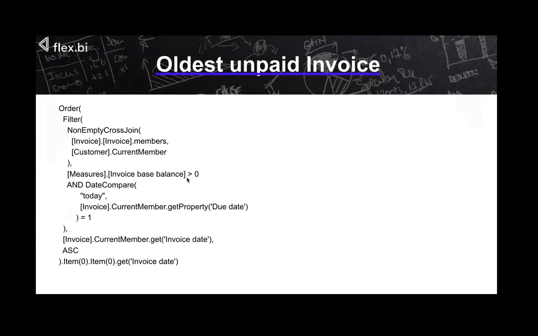And in this query, the customer also wanted an MDX that shows invoices that are over the due date, so they're late for payments. In order to check if they're late for payments, we have to check the invoice's due date and compare it to today.